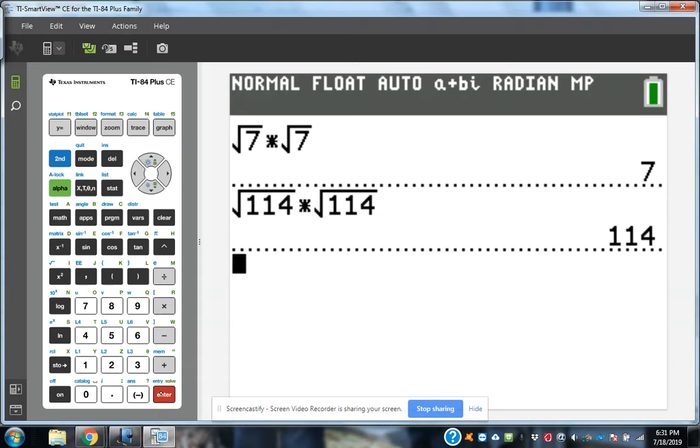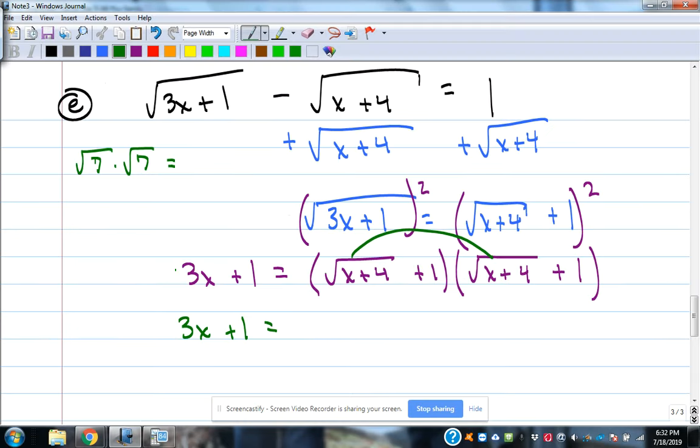I'd get whatever was underneath there to begin with. So it's actually not that hard to multiply these two together, because it's the same thing underneath both of them. The square root's just going to go away, and it's going to leave you x plus 4 when you multiply those two together. That makes that a lot easier.